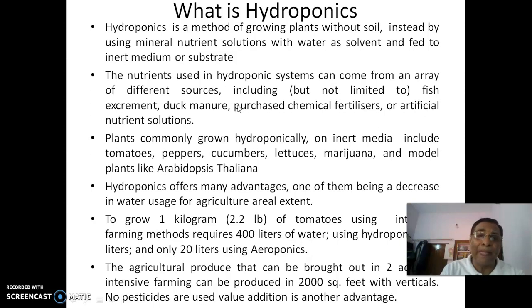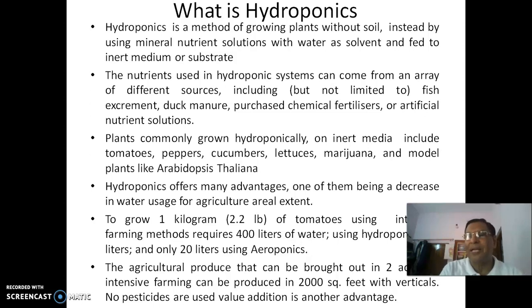We will discuss these nutrients later on. In China, along with rice cultivation, they put fish into the rice field. There is a double income, and the fish excreta can be used as a nutrient for the rice.